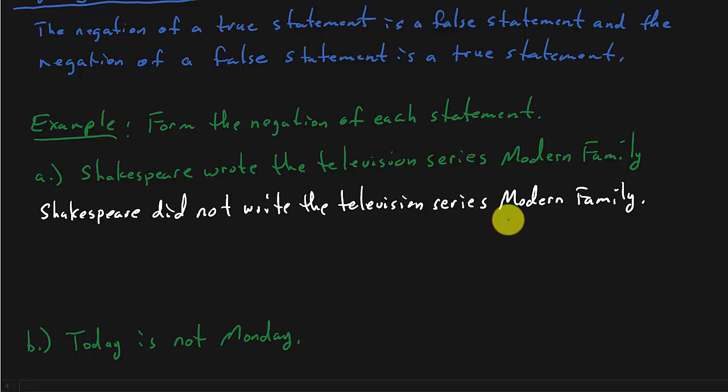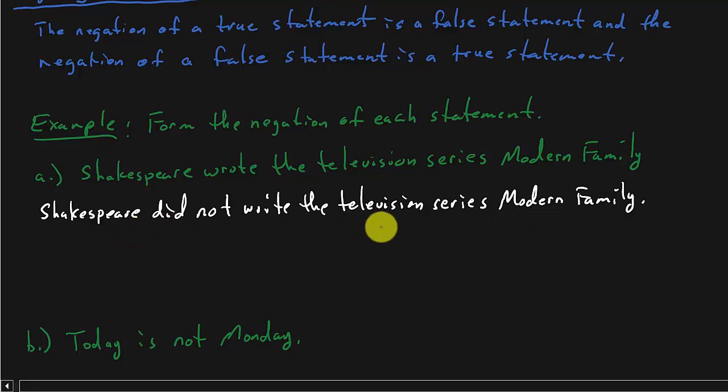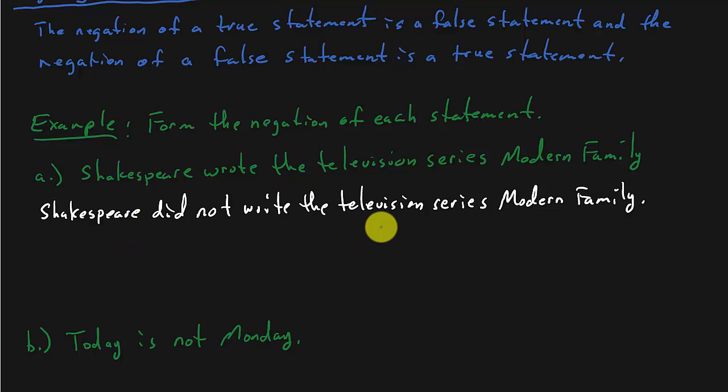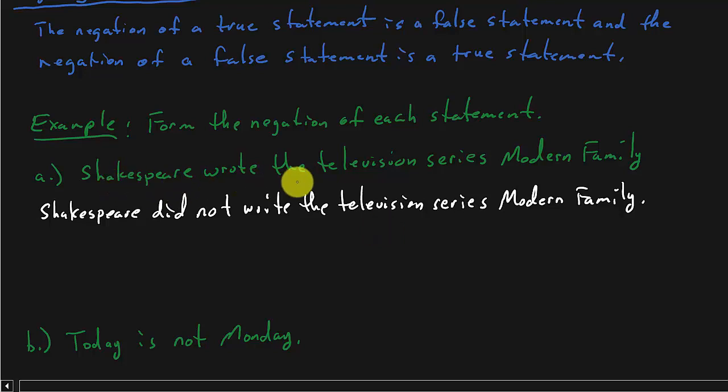Now there are different ways that we can express a statement's meaning. Remember, the negation is not. It did not happen, or it's not that this, or it's not that. So Shakespeare wrote the television series Modern Family. The negation, Shakespeare did not write the television series Modern Family.